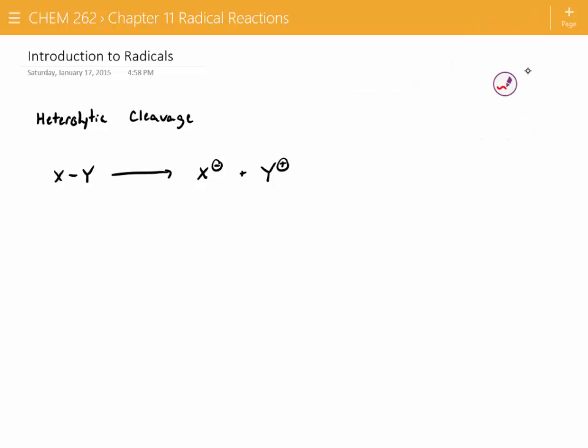And when we do this, we know that this bond between X and Y is dumping both electrons onto X. So this is movement of two electrons. So movement of electron pair.